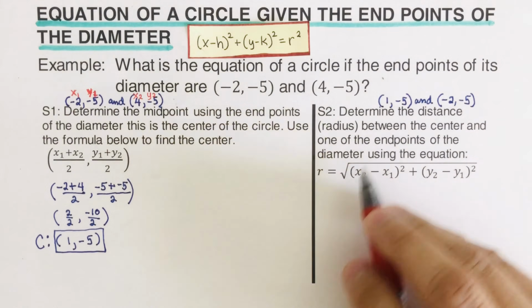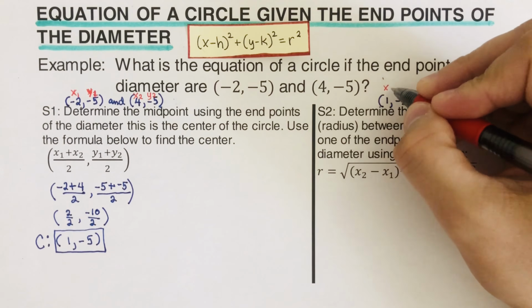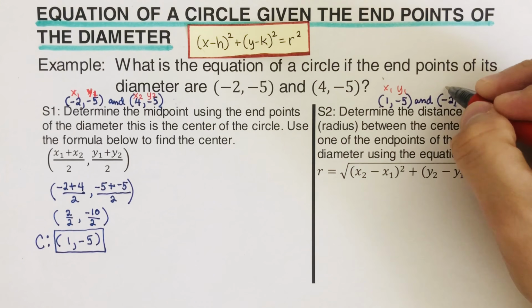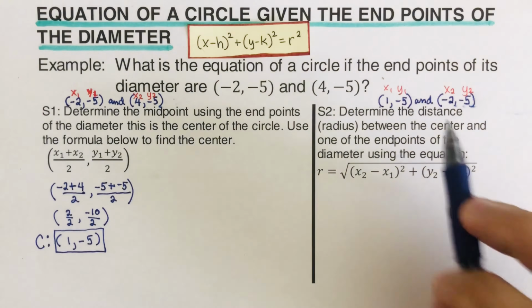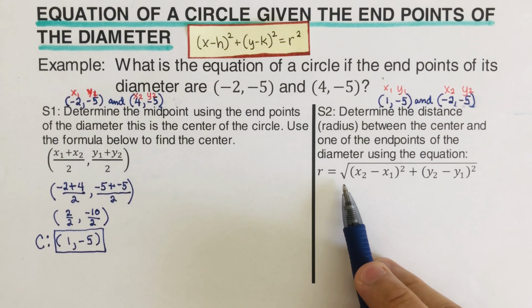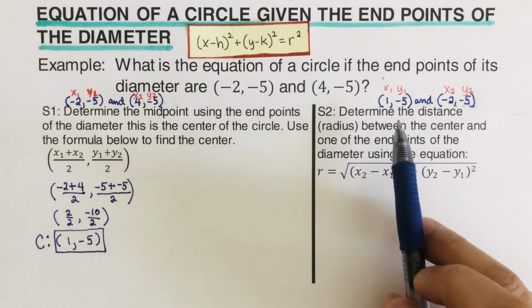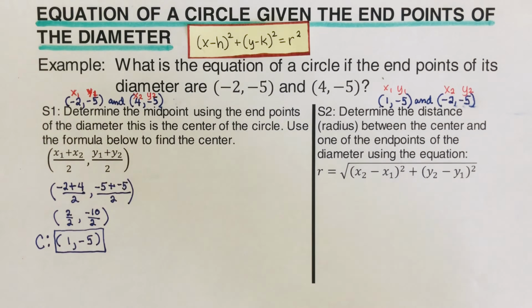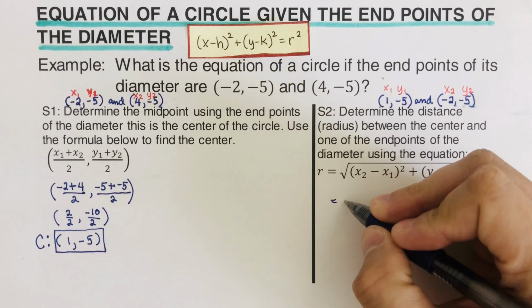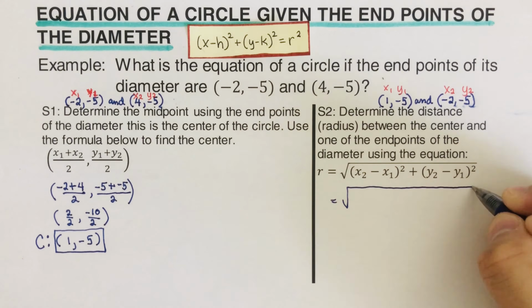Now, we are going to label this again. This will be our x sub 1, y sub 1, and x sub 2, y sub 2. And then we plug this into the distance formula to find the radius. So we're looking for the distance between the center and one of the endpoints of the diameter. So in this equation, we plug these values in.